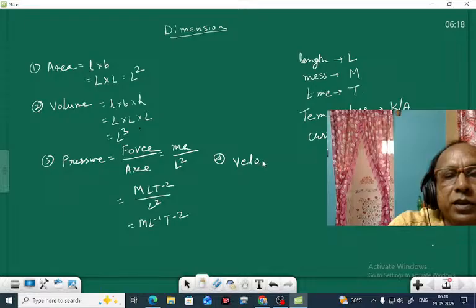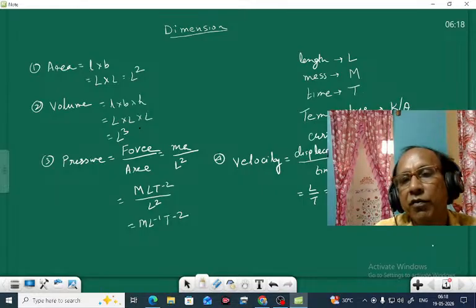To know the velocity you have to know the formula. The formula for velocity is displacement upon time. So displacement can be written as L and time as T, so it is L T to the power minus 1. That is the dimension of velocity.